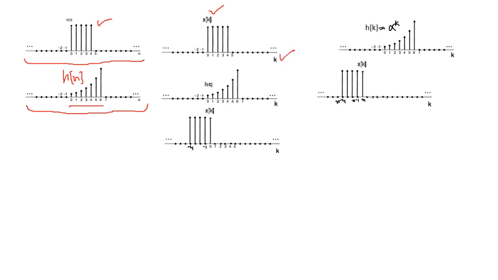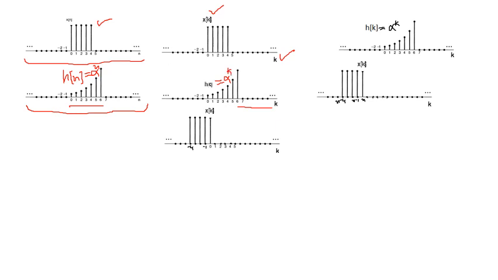Again, we do the same thing for the response signal, which is h of k. Here h of n equals alpha power n, so now we replace the variable and it becomes alpha power k, right?